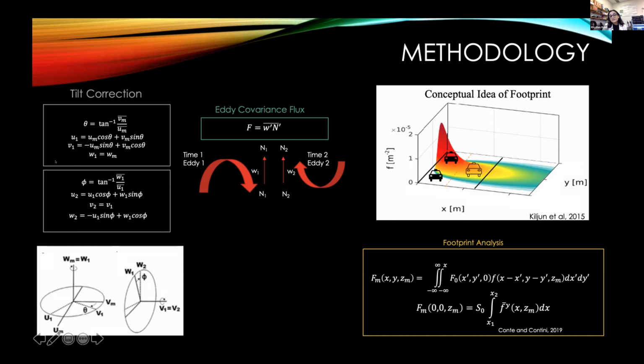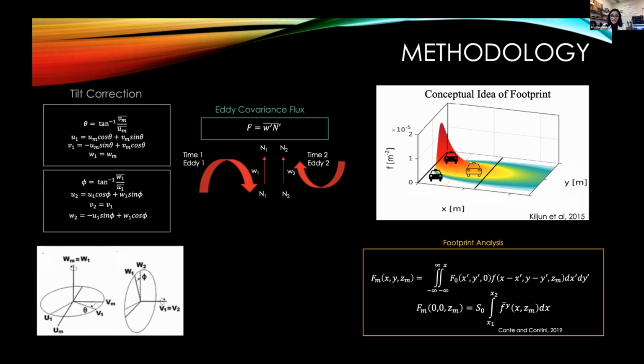The tilt correction rotates the anemometer axis to the average wind direction. From there, we can calculate theta, which is the most important step, because this tells us where the wind direction is coming from. We want to make sure that it's between 180 and 270 degrees, so we can neglect any other wind directions coming from around it.